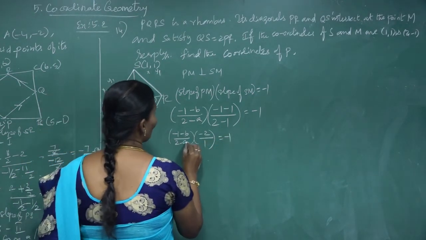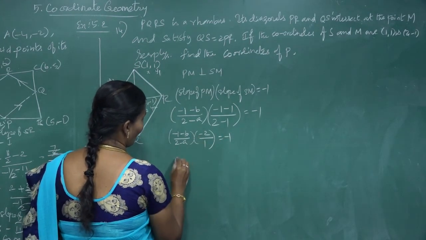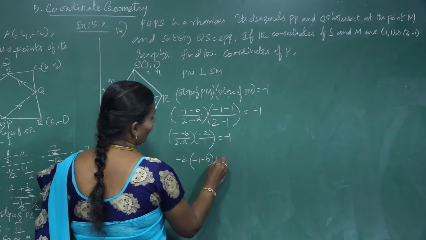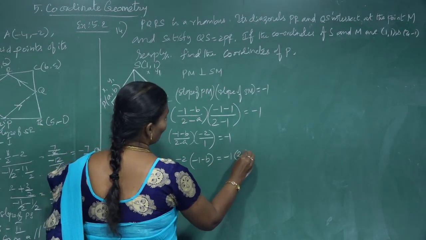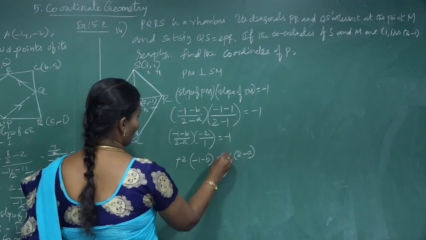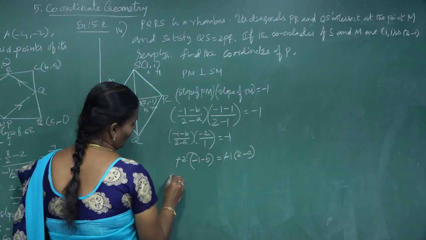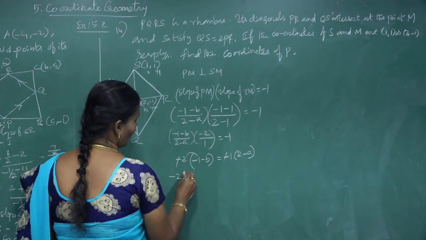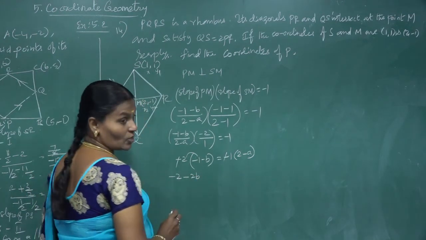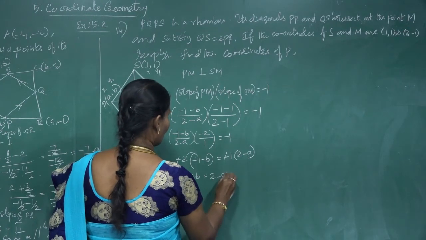This 2 minus a you bring to the right side. So minus 2 of (minus 1 minus b) is equal to minus 1 of (2 minus a). Here minus minus you cancel it. 2 multiply inside. So 2 into minus 1 is minus 2, 2 into minus b is minus 2b. Minus 2b is equal to here 2 minus a.